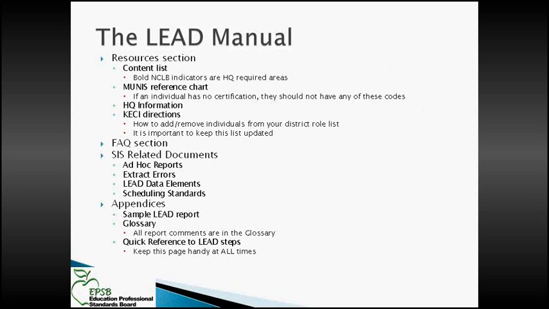There'll be frequently asked questions, a section on student information system documents, and then the PowerPoint for today will be in there. The PowerPoint for the new coordinators that we did this morning will be in there. And then the appendices with the sample LEAD report, the glossary, and then the very, very important keep handy at all times, quick reference to the LEAD steps.